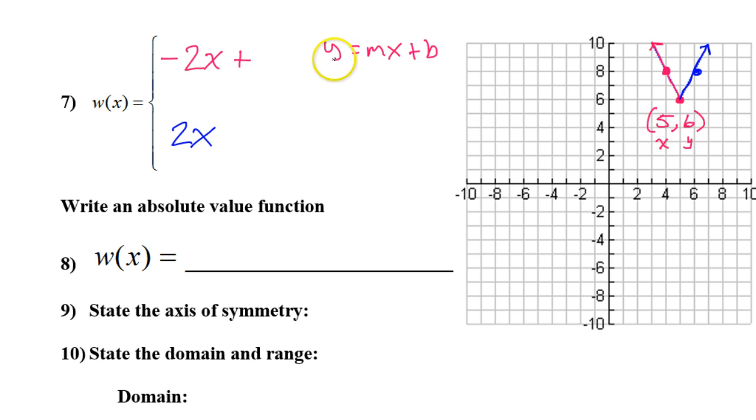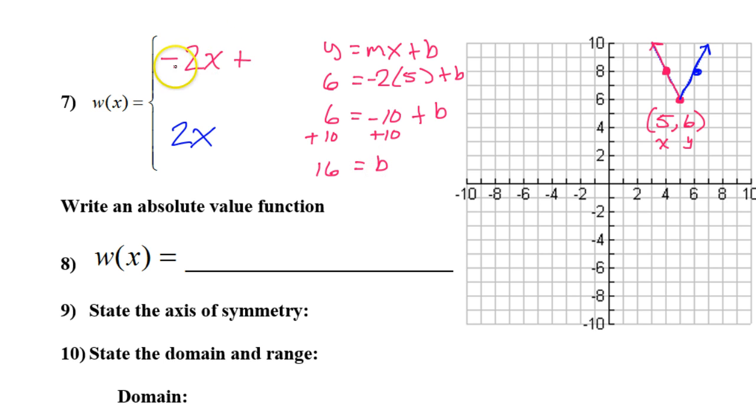So for the y value, I can use the 6. For the m, I already know that the slope is -2. We discussed that earlier. And for x, I can use the 5. So I have everything except for the b. So that means 6 is equal to -10 plus b. And then I would add 10 to both sides. And that gives me b is equal to 16. So that means the equation is -2x plus 16.